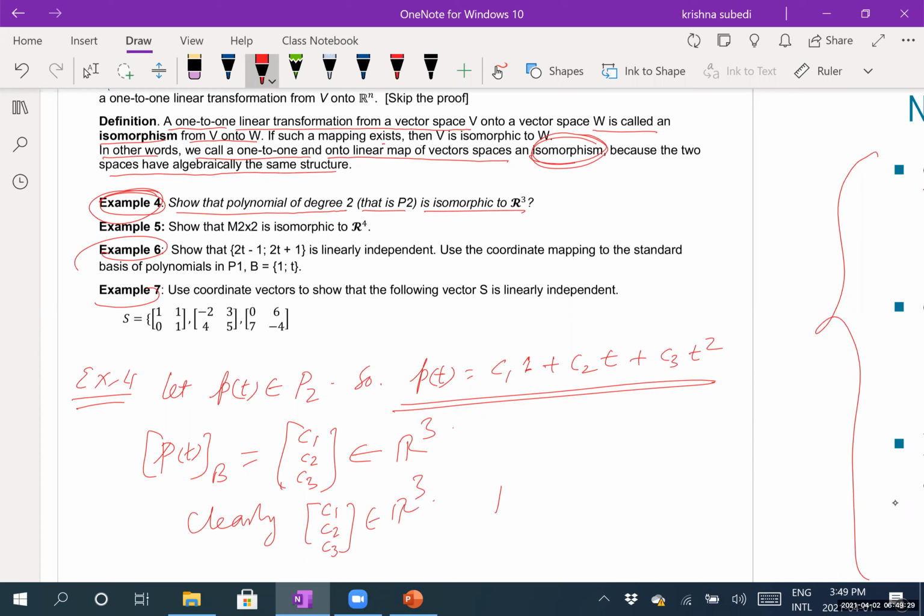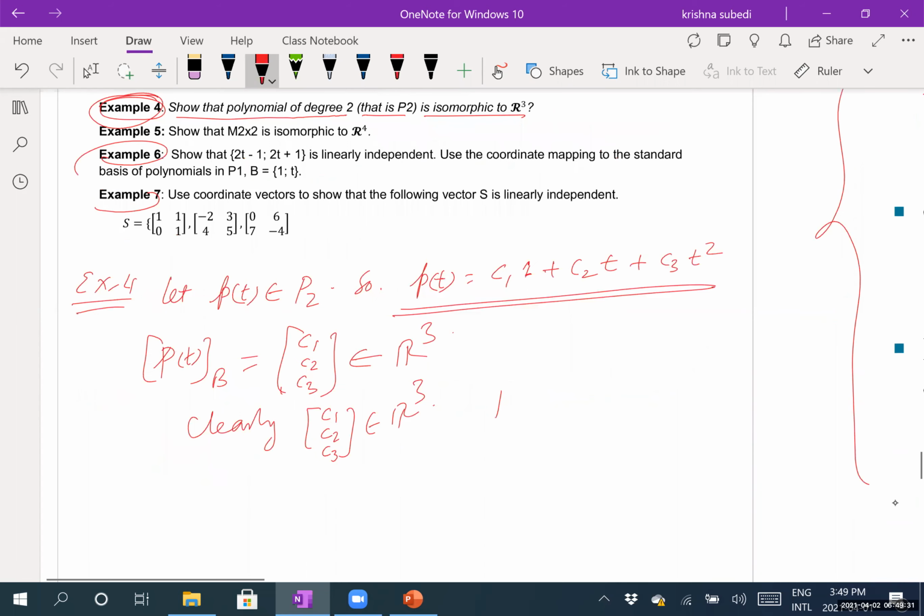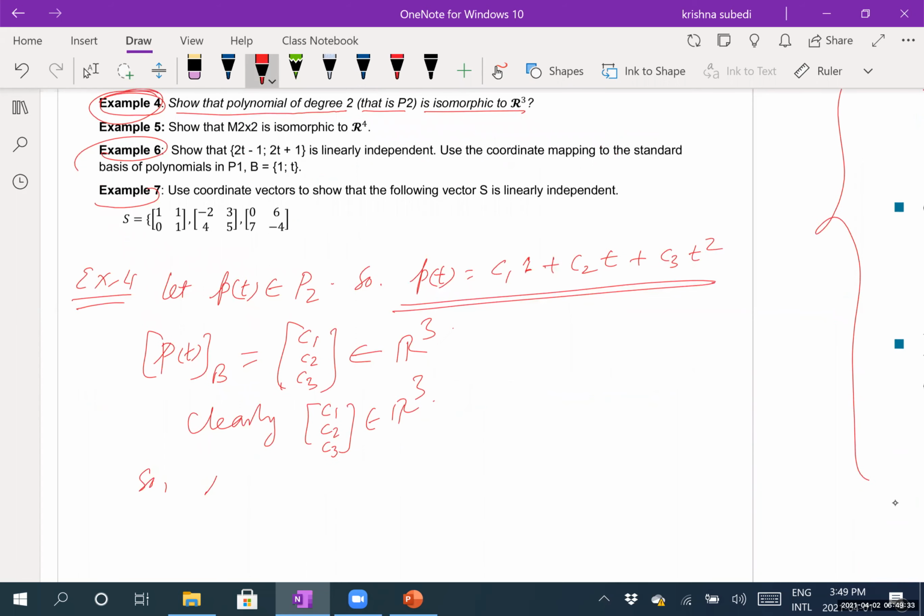So it's proved. It is one-to-one and onto. So polynomial of degree 2 is isomorphic to R3.